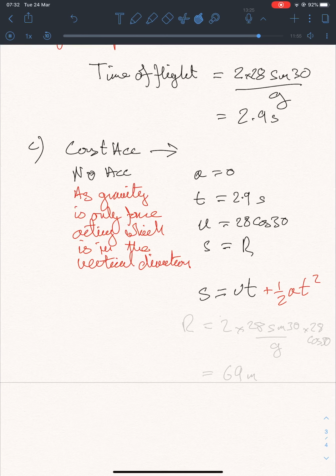So R equals 2 lots of 28 sine of 30 over g, times U, which is 28 cos 30. Oops, writing's gone wrong.